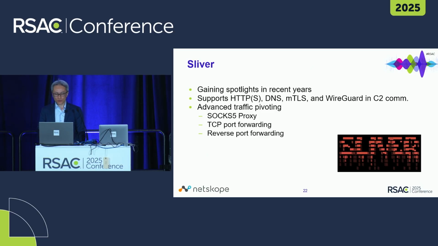Adding TCP forwarding and reversing features could further allow us to route the traffic from the internal network to the victim machine, or vice versa, from the attacker's machine to the external victim networks.